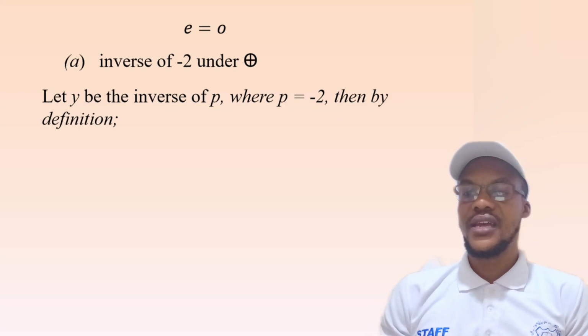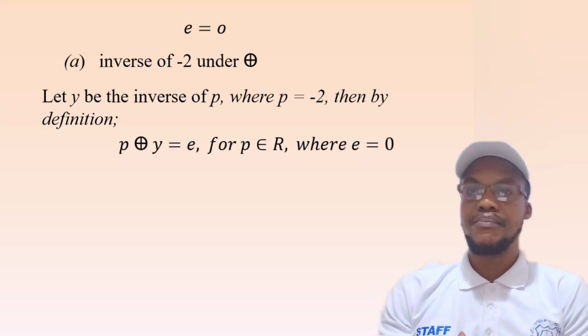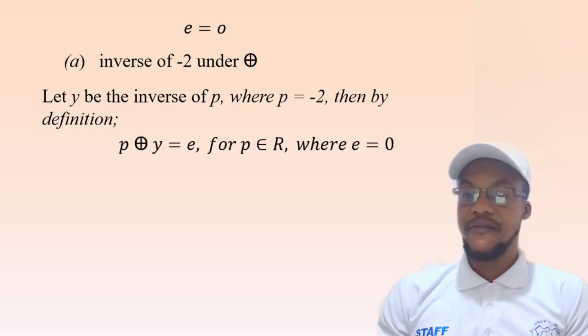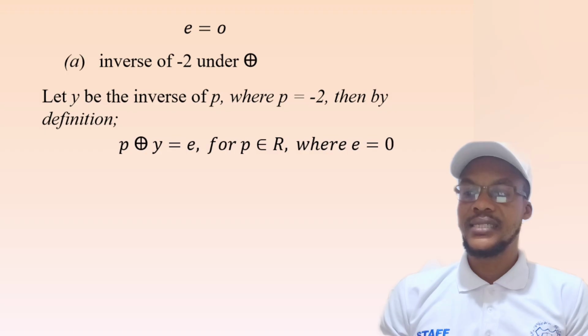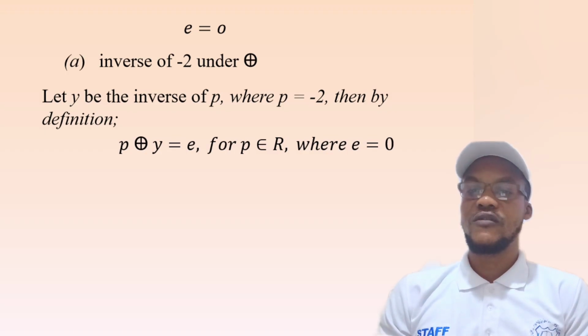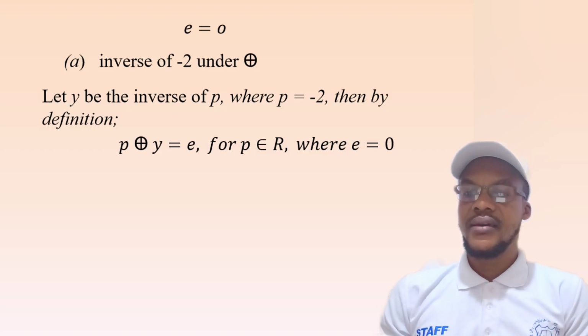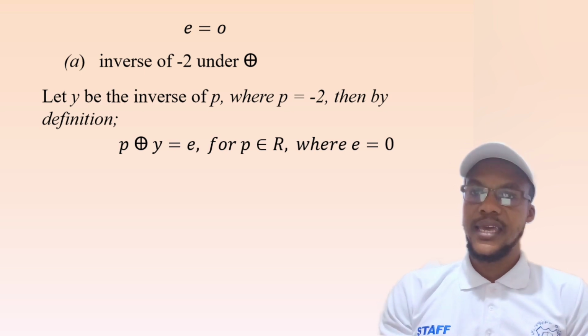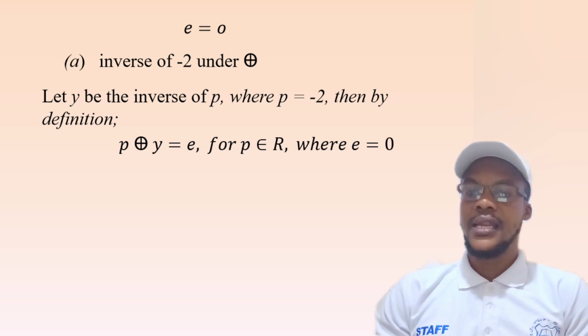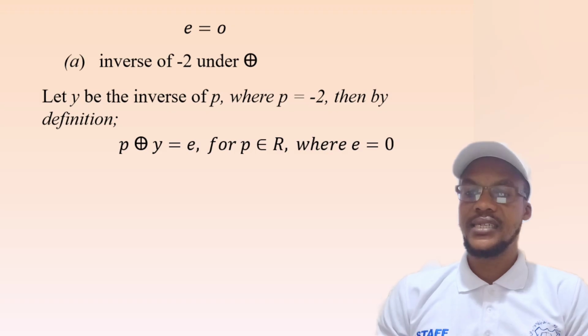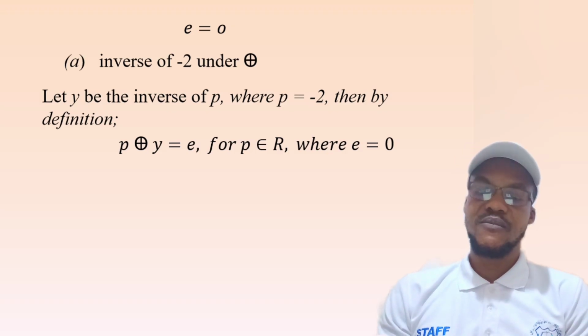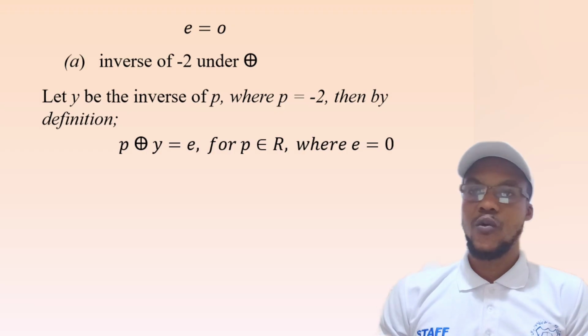So if that's the case, then it means that this y, we are finding the inverse. Okay, when we find the inverse of P, per definition, it is also saying that whenever you find the inverse of P, then when the inverse operates with its what? Value, the answer should be what? The identity element or the neutral element. Have you gotten that? So the P, its inverse is what? The y.